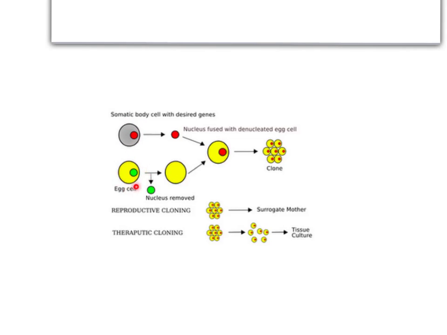We've got an egg cell of the same species. We remove the nucleus of the egg cell to create what's called an anucleated egg cell. We then insert the nucleus from the cell we're trying to clone into our anucleated egg cell, and that produces a ball of cells, which could be called a clone.